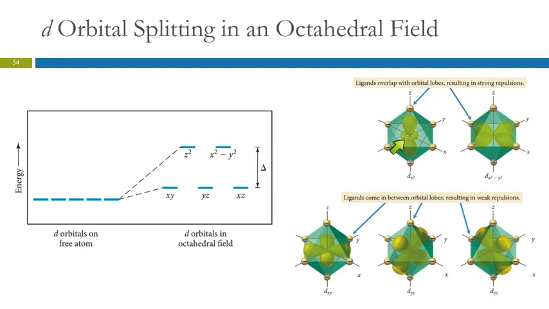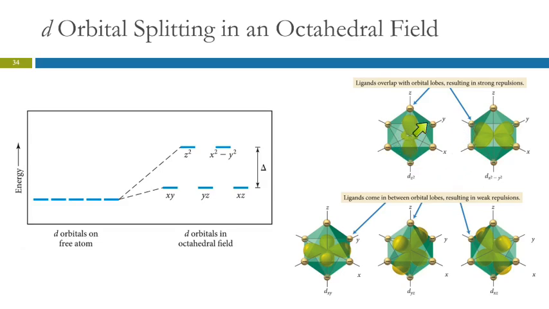So here, in this octahedral shape, we have the ligand overlapping with orbital lobes. So we get a strong repulsion here with these 2 d orbitals. Remember the shapes of the d orbitals? They're double lobed and they're arranged like this, and then there's that one weird one, right?